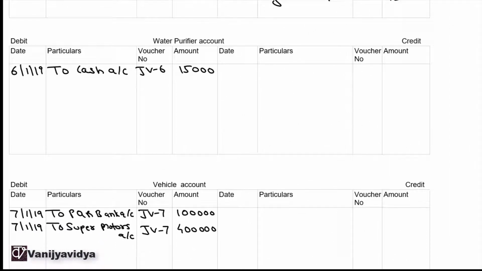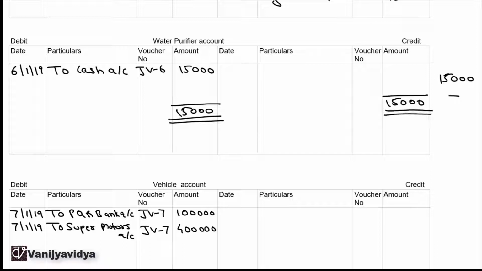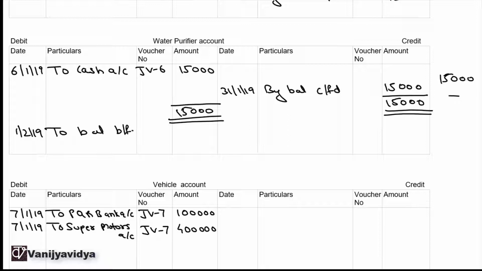Water purifier account. So on debit side 15,000, credit side 0. So the total is 15,000 on both the sides. Then on 31st Jan 2019 on credit side by balance carried forward 15,000, on 1st Feb 2019 on the debit side to balance brought forward 15,000.